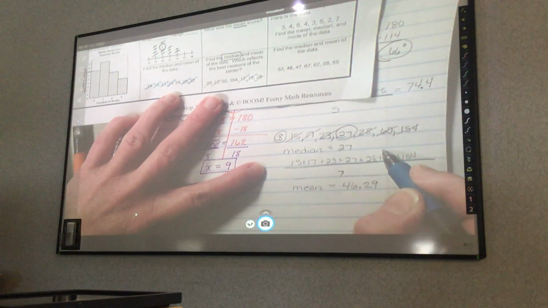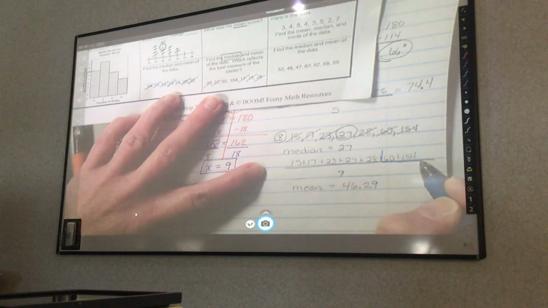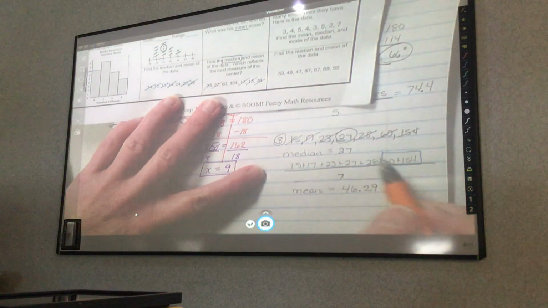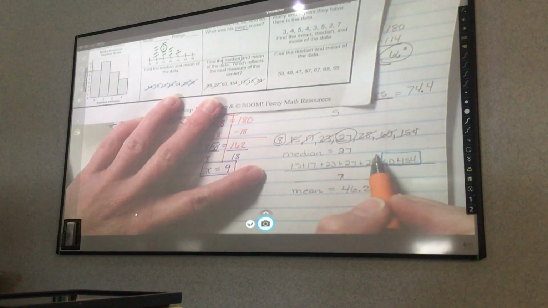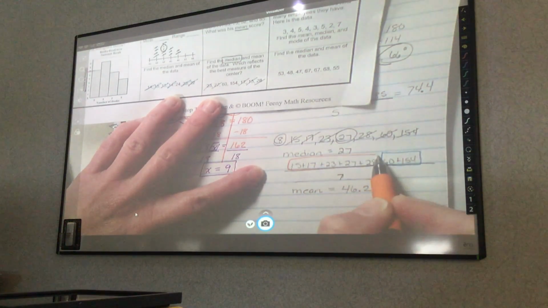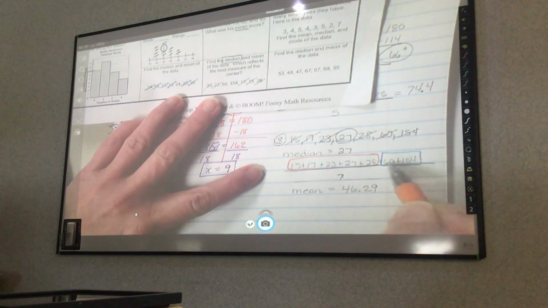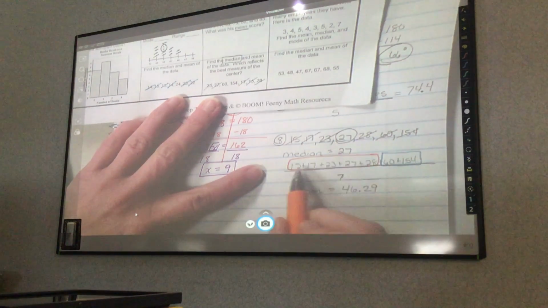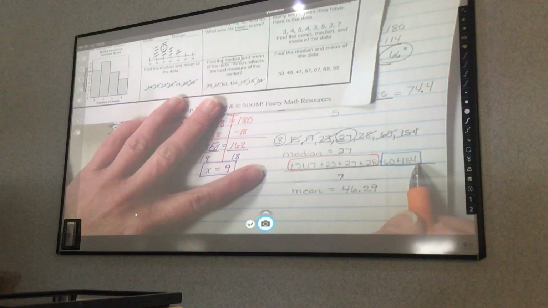If I put a box around these two numbers, and I kind of combine these numbers, don't these two numbers kind of look like they're out of place? Because they're a lot further.